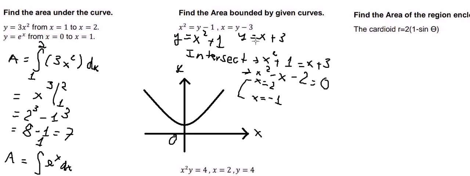The graph of x plus 3 should be like this. So if we look carefully, x plus 3 is above the curve in here. The area we need to find is this one. So we will have the formula right now.